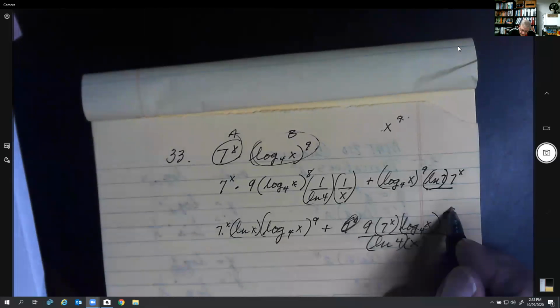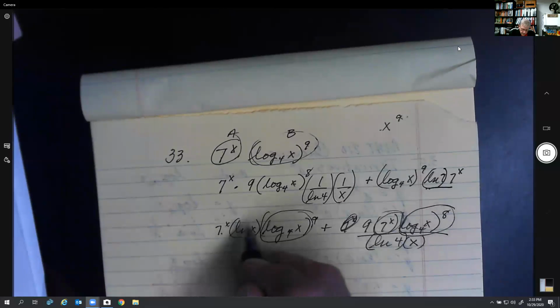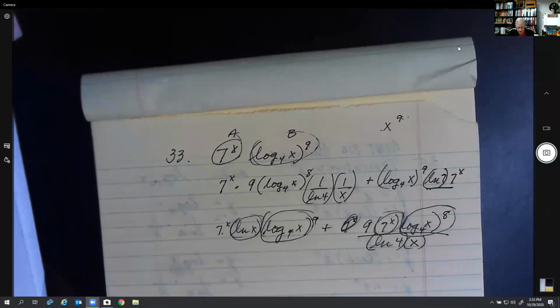Why they didn't factor this out and this out, I don't know. I probably would have factored those two things out.